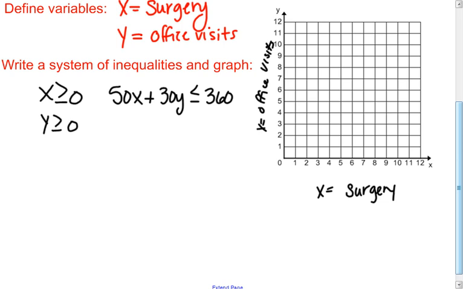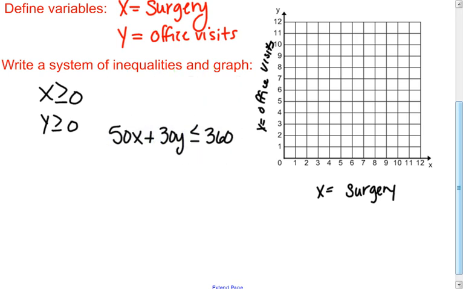Then the other piece that you need to worry about in this case is the number of surgeries. It says she can't do any more than 6 surgeries in a day. So I'm going to move this down here. So that means if she can't do any more than 6 surgeries in a day, surgeries are x, so x has to be less than or equal to 6.